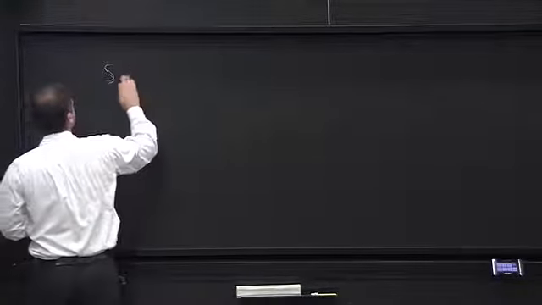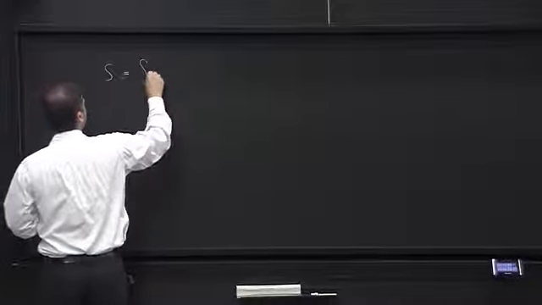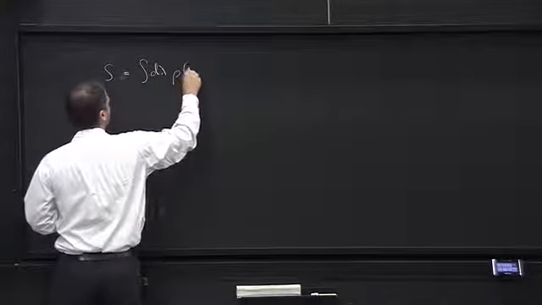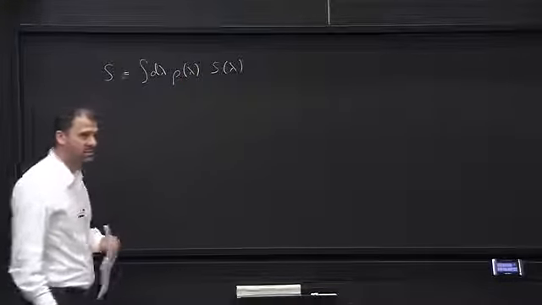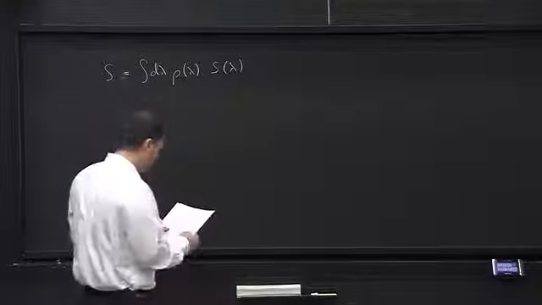Now let's define S. Let's tease out the lambda dependence by doing this. So S_lambda is now defined implicitly.